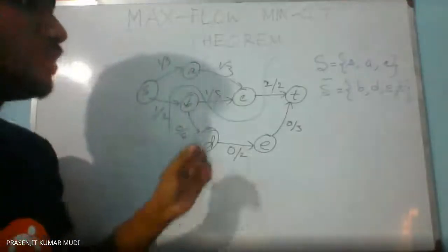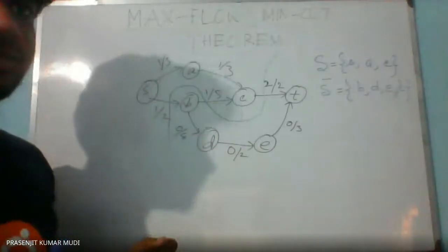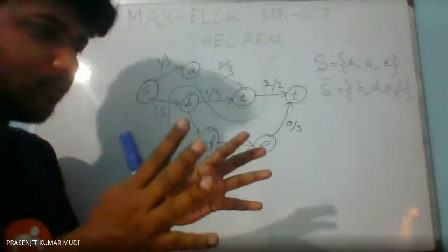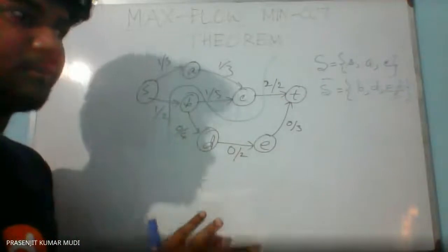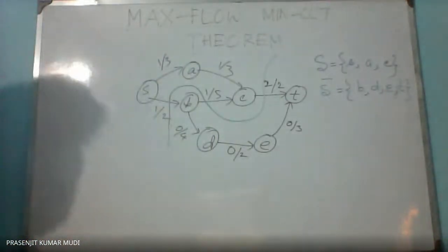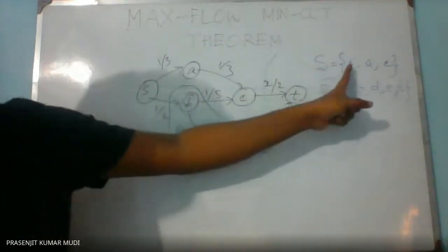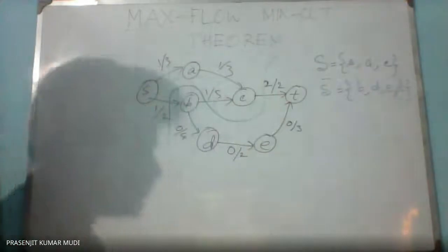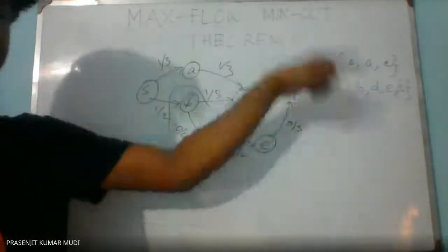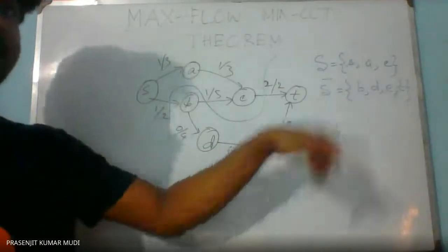সেই ডেল্টা সেটটা ওটা? For example, we want to partition the graph into two subgraphs. The two subgraphs means some set of vertices are present in one subgraph and the remaining vertices are present in the other subgraph. So let's take an example that one subgraph has the vertices S, A, C. So this is the vertex set of that one subgraph, and this is the vertex set of the other subgraph.